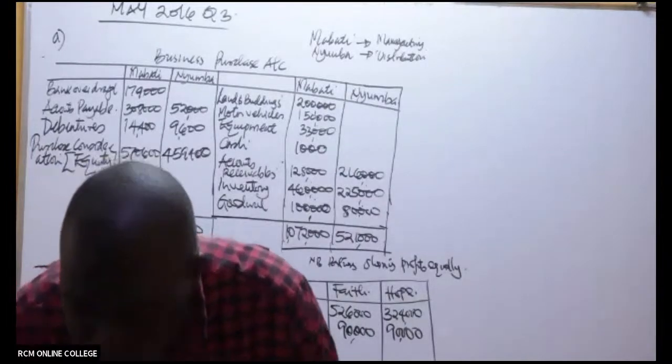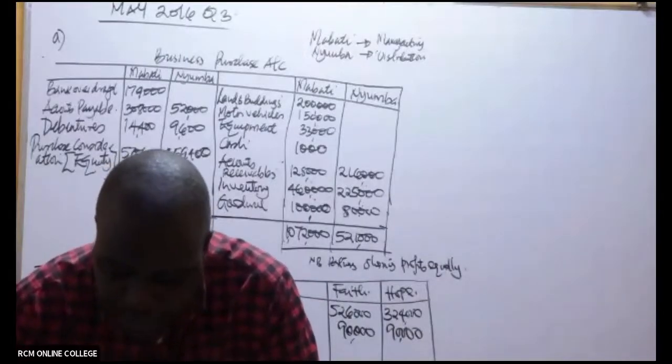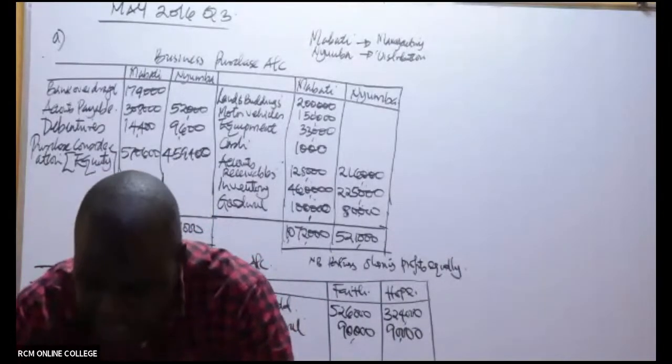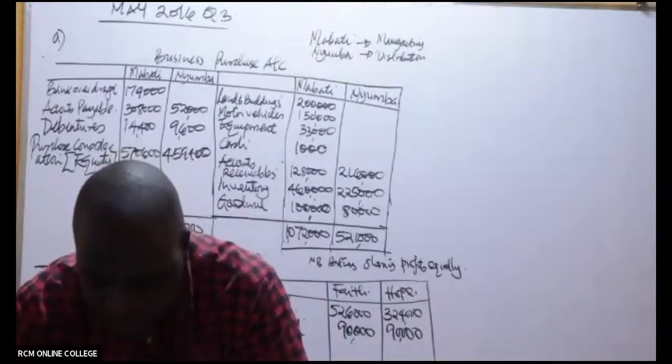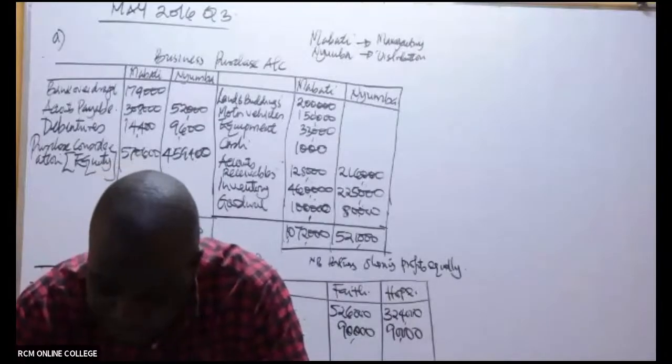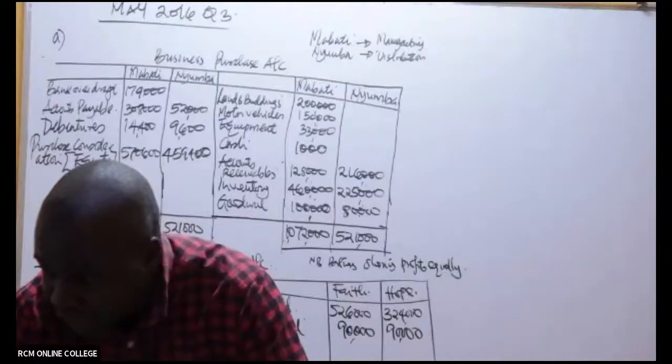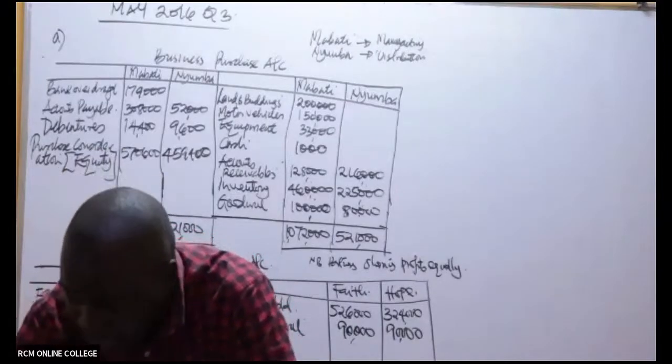Ideally, they were supposed to be paid that money we are calling purchase consideration when they were transferring the partnership into the company. But what happened, they were not actually paid the money. They said, instead of being paid the money, we'd rather convert these interests into shares. And this is actually what happened.